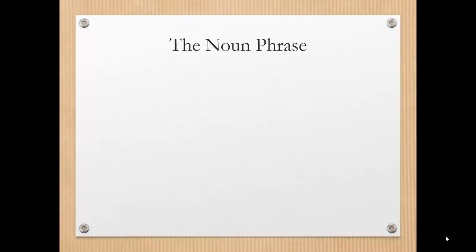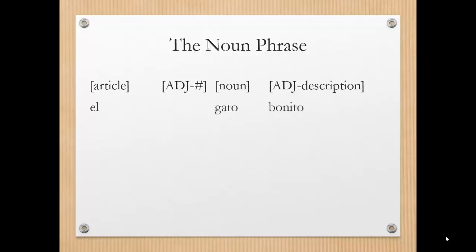A typical noun phrase has a distinct formula. The article comes first. In the next spot is the quantifying adjective, then the noun, then the descriptive adjective. You certainly do not need to have all those parts in a given noun phrase. You could have an article, a noun, and a descriptive adjective, which is by far the most common noun phrase.